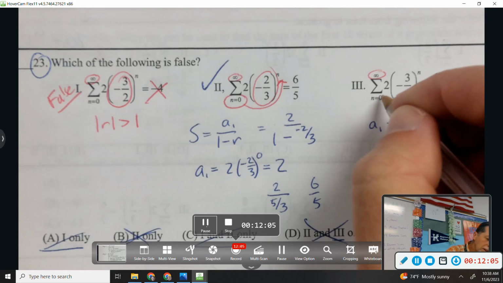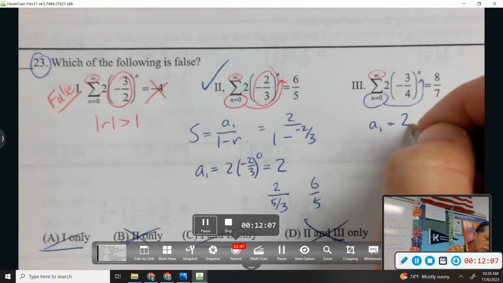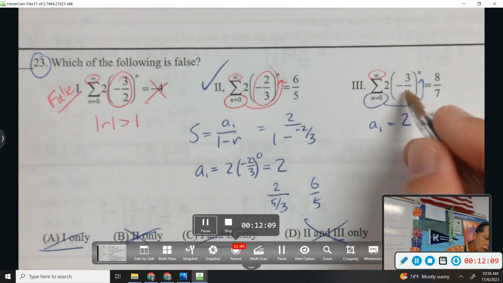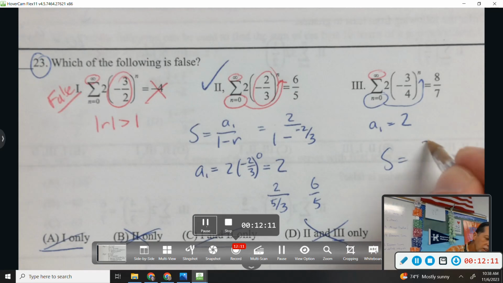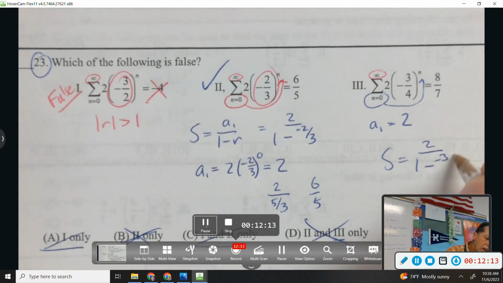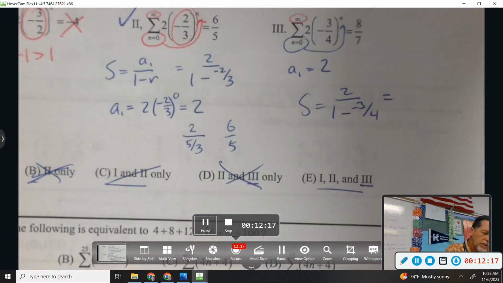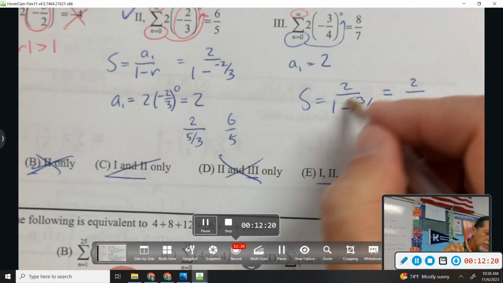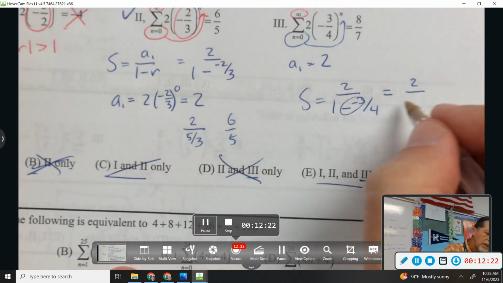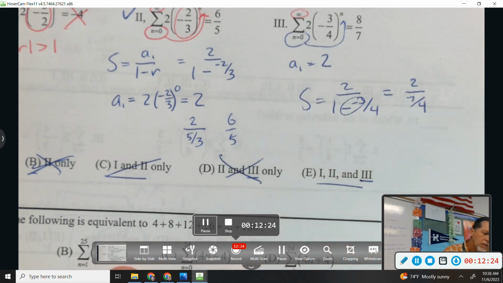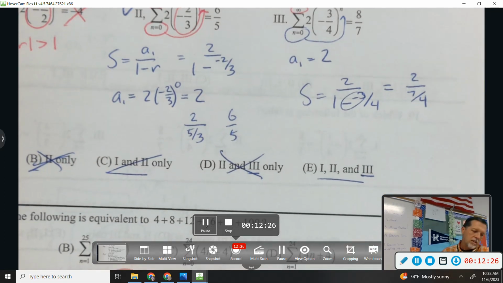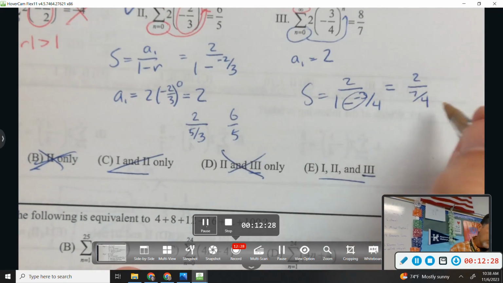First term starts with 0, so the first term is 2. r is negative 3/4. Careful with the signs. 1 minus negative 3/4. So 1 plus 3/4 would be 7/4. So keep it, change it, flip it.